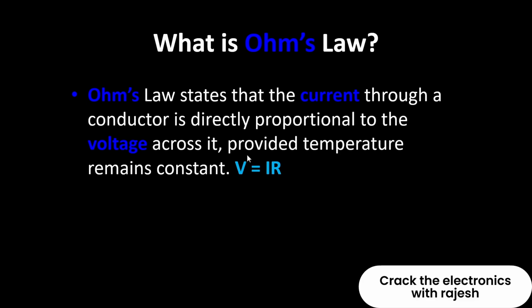The important point I am mentioning here is that temperature remains constant. If temperature doesn't remain constant, it is not an ohmic device. If anything, like I or R, changes based on temperature, you can't say it follows Ohm's law. That's why the point is highlighted here: provided temperature remains constant.